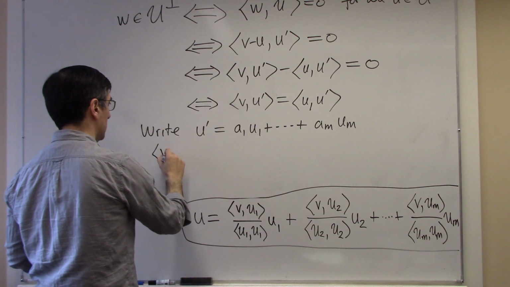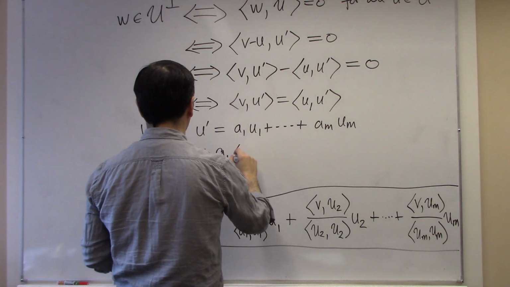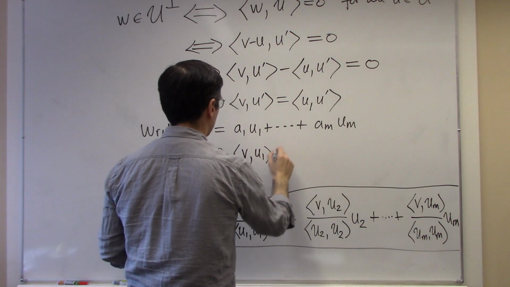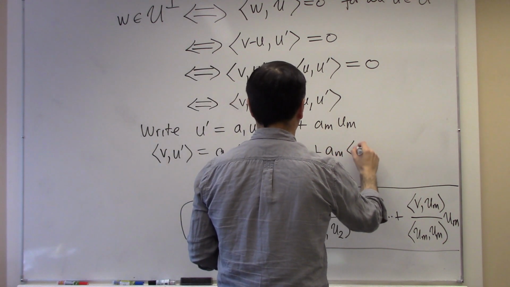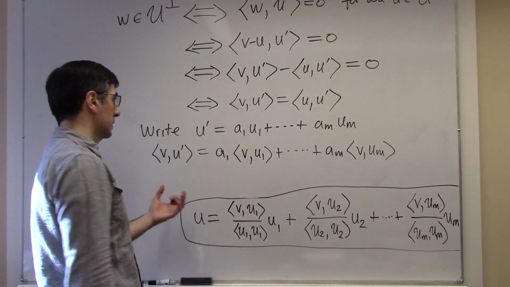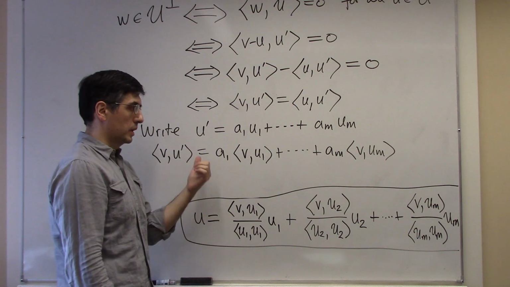So then V U prime becomes A1 V U1 plus A M V U M. So here I'm assuming that we're working with real numbers, otherwise you have to take the complex conjugate.